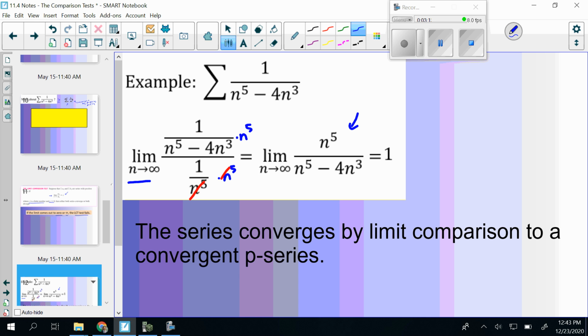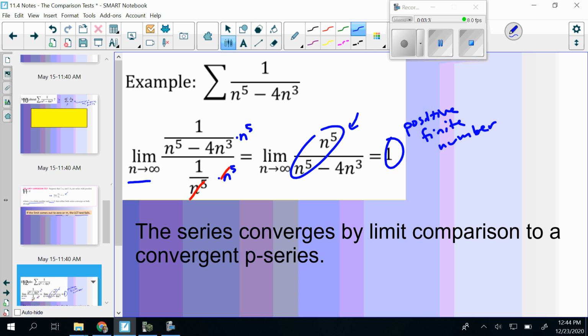And this limit we know as we go to infinity here is going to end up being 1, because these two are going to win out, and the limit of that as you go to infinity is just going to be 1. That's a positive finite number.